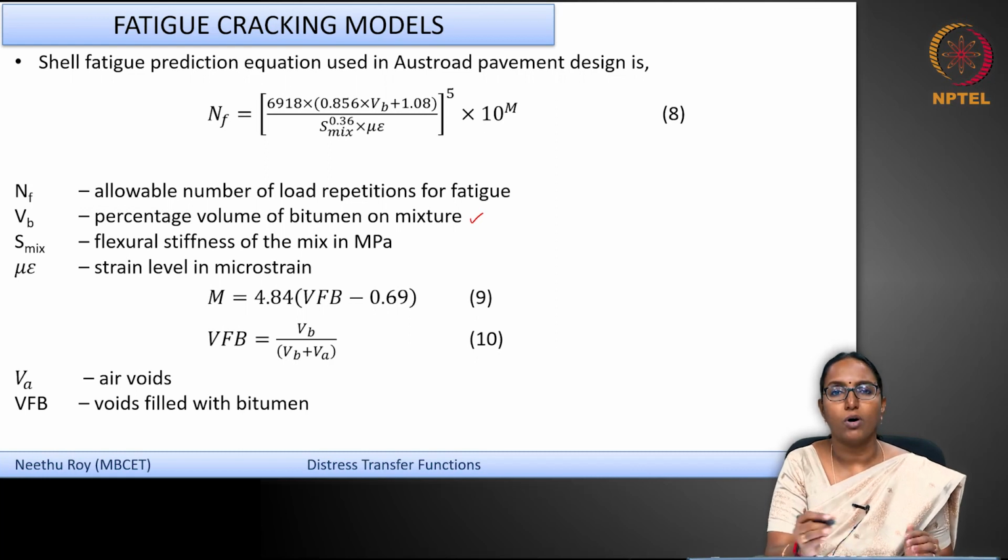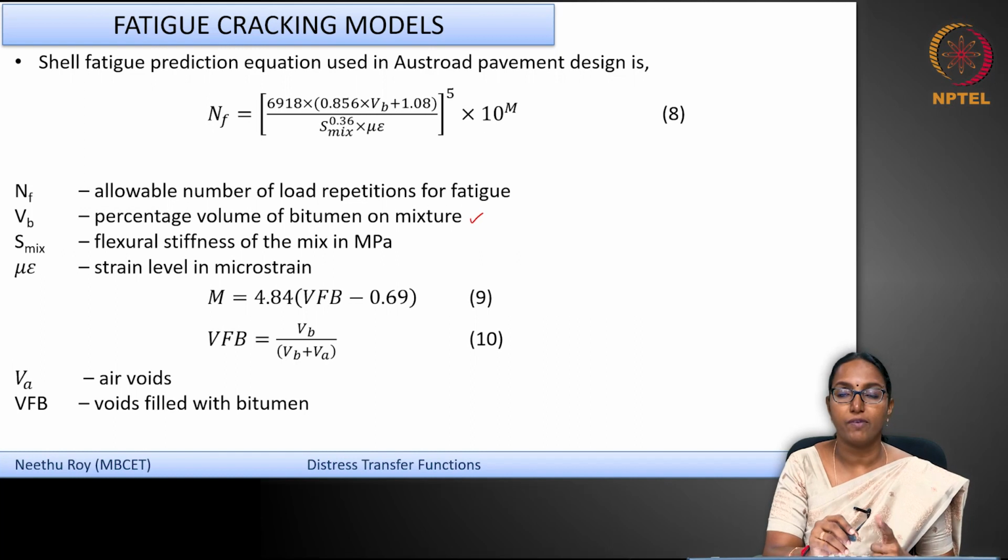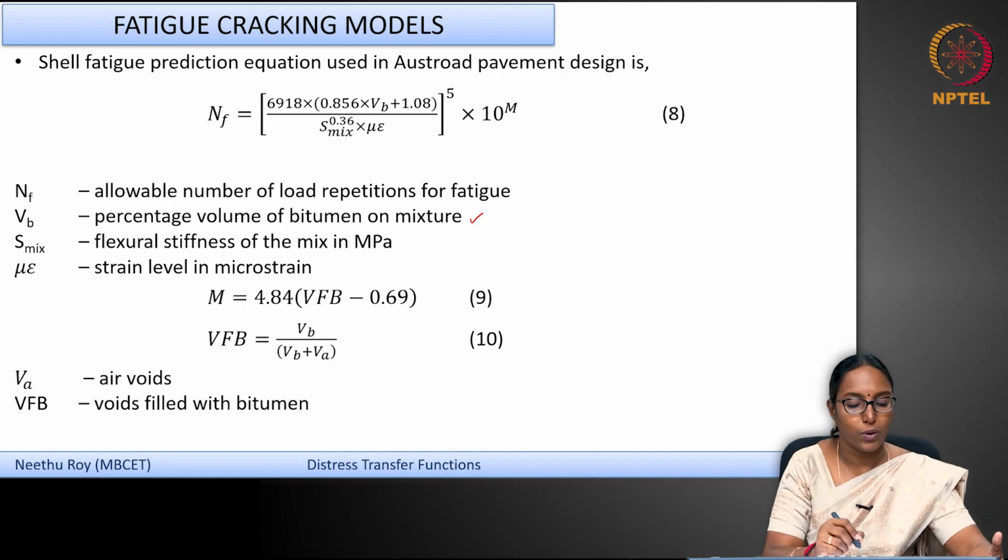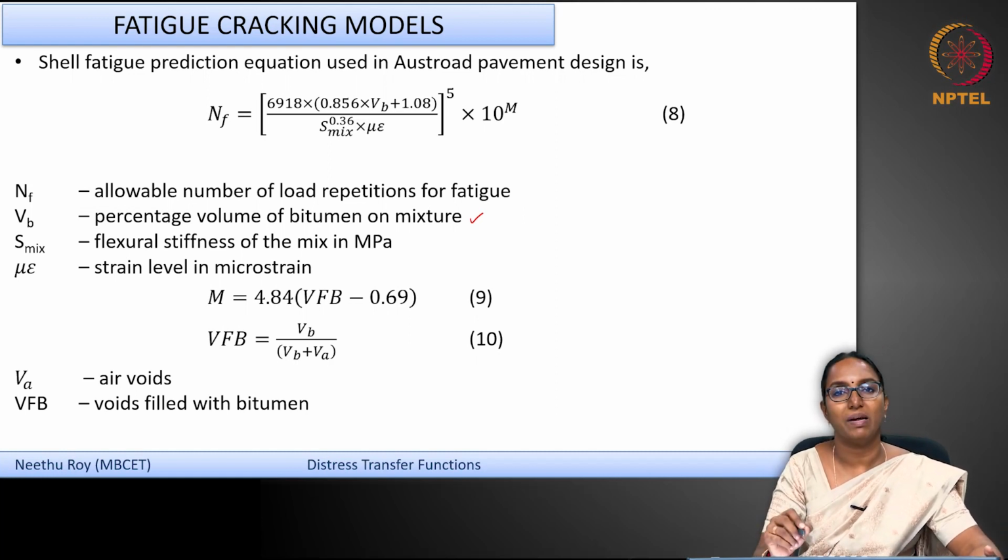So the various models actually differ in the way in which the material modulus is incorporated in the model. Like here, the flexural stiffness is used, somewhere it is the elastic modulus of the material that is used, and some studies have used the dynamic modulus of the material. So based on the way in which the material is characterized, they have developed the equations.